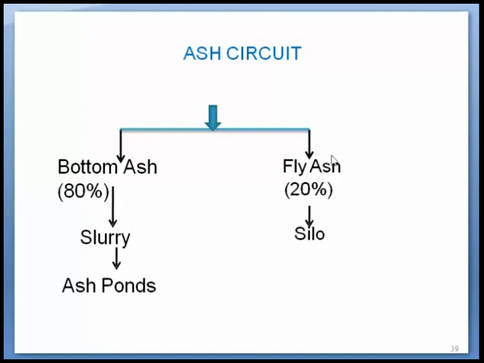The fly ash is collected in the ESP, and finally it is taken to the silos, and from there it is sent to various industries like the cement industry or for making bricks.